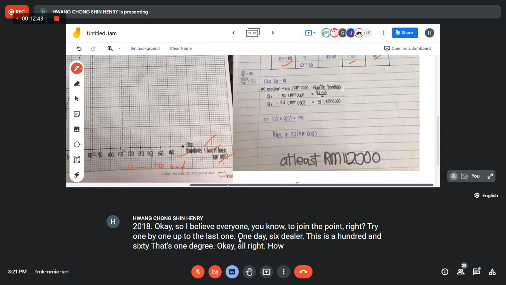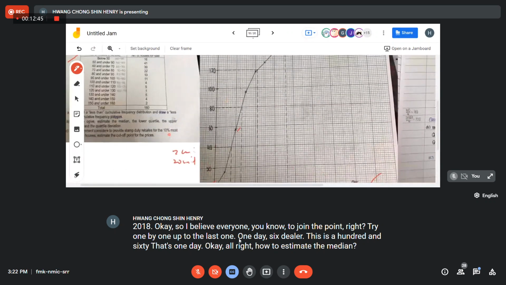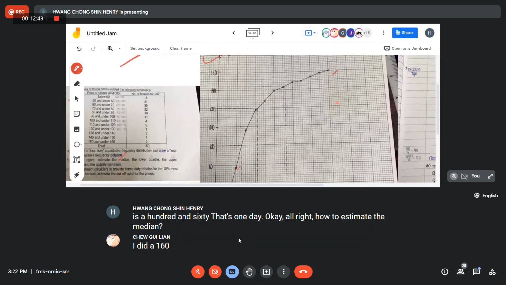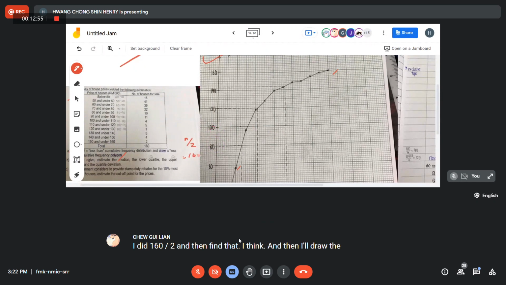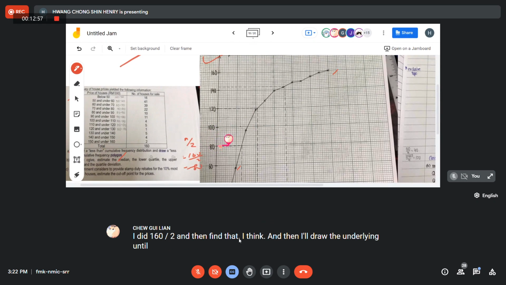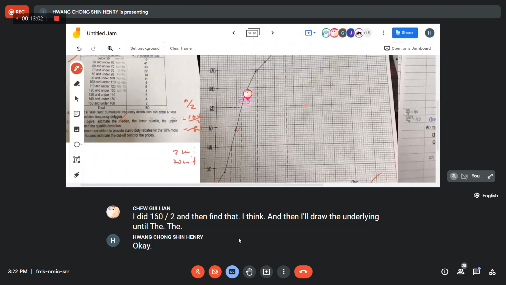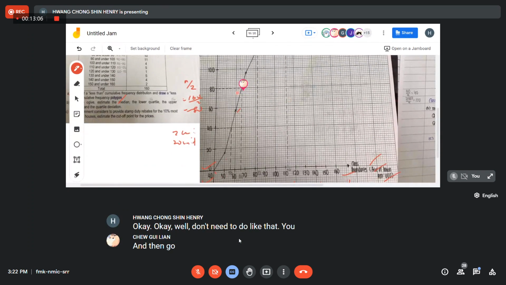How to estimate the median? I take the 160 divided by 2 and then find that 80, and then I draw the line until the ogive, and then go down. Draw down.